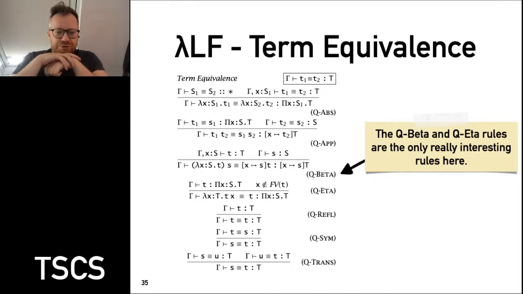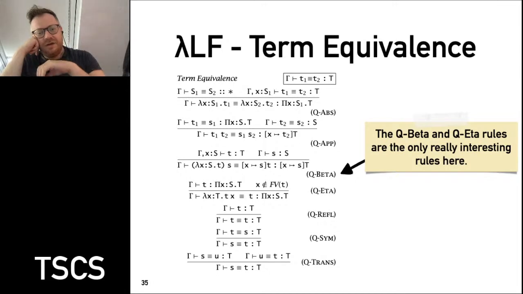The beta rule tells us that when we have on the left side an unapplied function, lambda x of type S with the body t, applied to S, then we can consider that equal to a substituted version where x is substituted with S in small t, but x is also substituted with S in big T, because we might have a pi type.